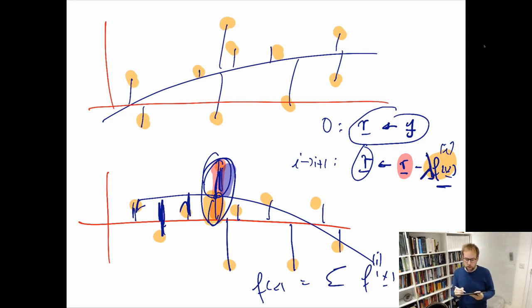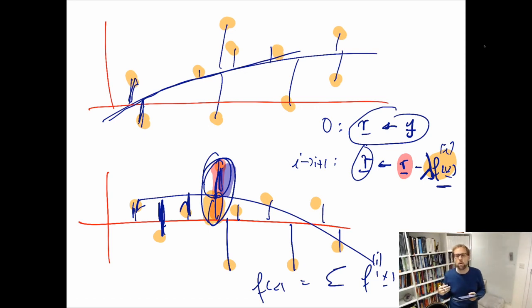So rather than taking away all the information I've learned at once to get the new residuals, I'm taking away this newly learned function times some multiplier, say 0.1. So I'm taking it away a little bit, and then I'm still repeating the process. So I'm not doing such big steps.